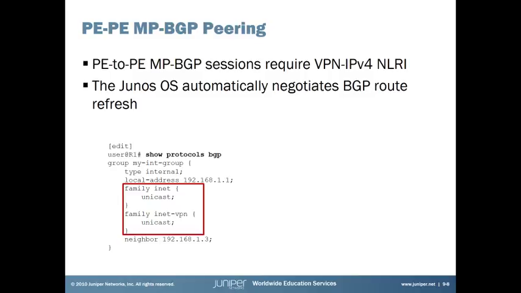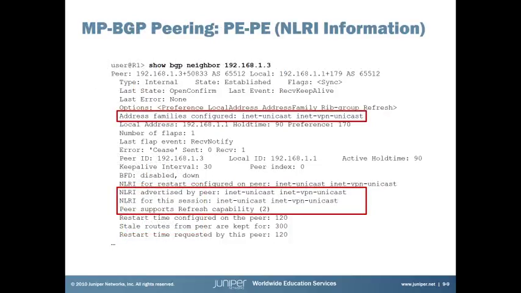As soon as we add another family, we then need to specifically add what was previously our default, which is family inet unicast. So because we're specifically adding the inet-vpn unicast family, we need to now specifically add inet unicast as well. So we're going to add that into our BGP configuration.